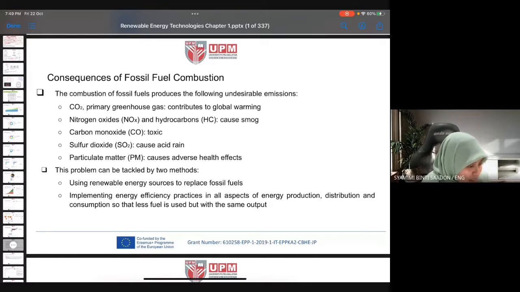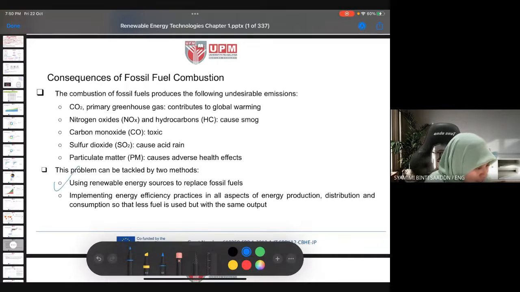All this gas, nitrogen oxide, hydrocarbons, particulate matter, right? Okay, so this problem can be tackled by two methods. This one is important: using renewable energy source to replace fossil fuels, or implementing energy efficiency practice in all aspects of energy production, distribution and consumption, so that less fuel is used but with the same output. Ni yang berkait dengan design kan.